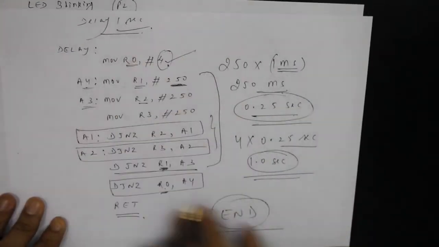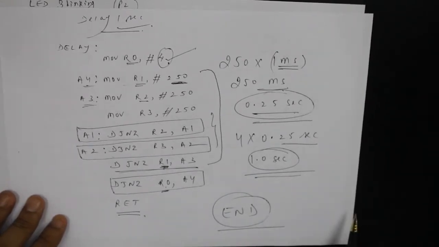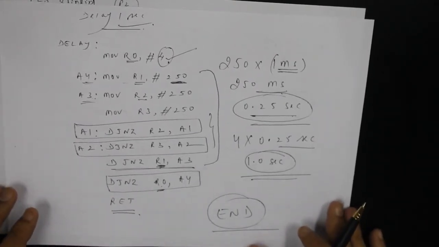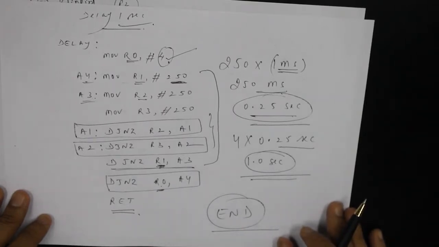I hope this entire delay calculation is clear to you guys. Now let us write this code on Keil and run it and try to see the output on the hardware. So this is something which we are now going to analyze on Keil IDE and on the hardware.